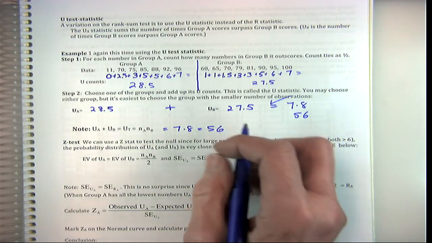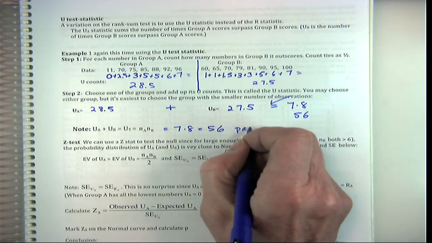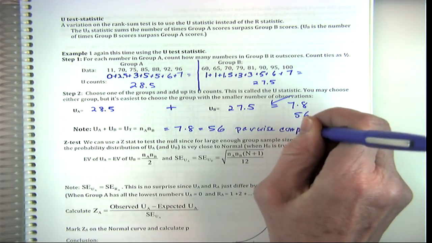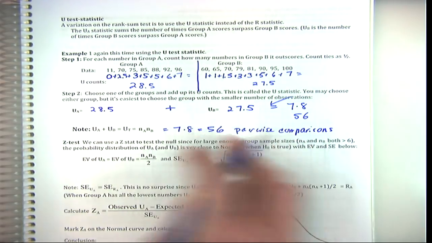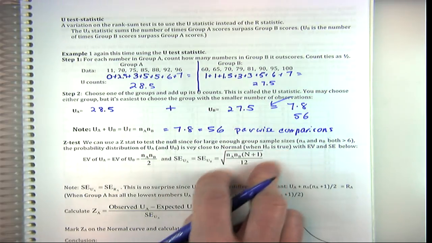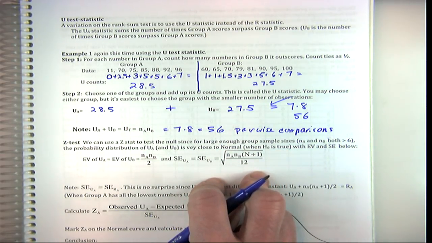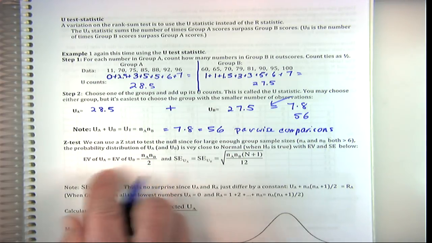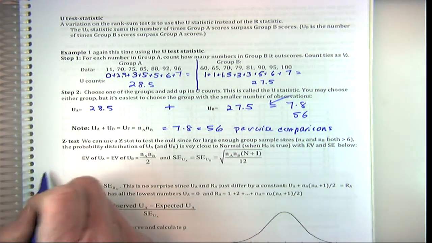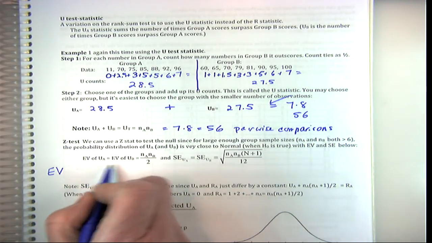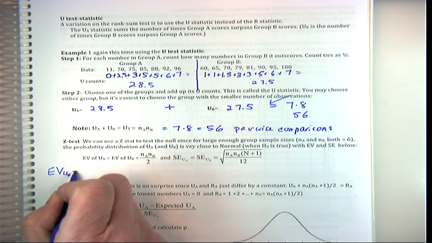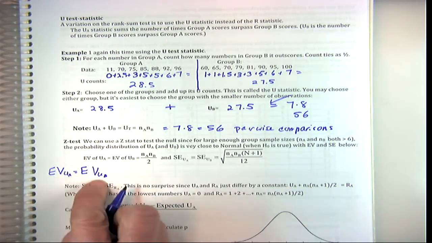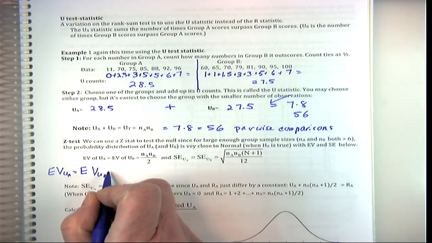That's 7 times 8 pairwise comparisons. And so you can check they add up. All right. Now, what do you think the expected value would be for them? Well, let's look at the formula right here. It says the expected value for both groups is going to be the same, even if they have different sample sizes. For both groups, UA and UB, it's going to be what?